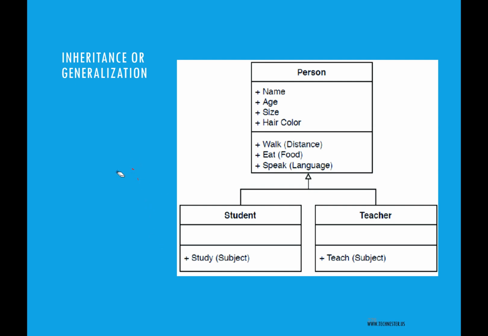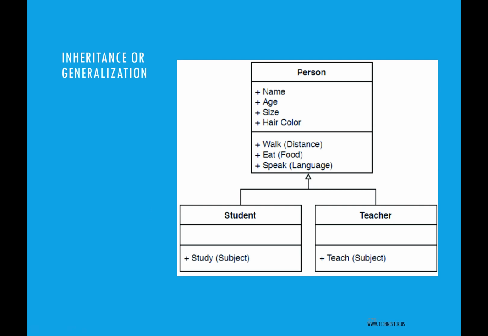This is the third type of relationship I explained when we were talking about UML. I said you have three types of association. You have the extend, you have the include, then you have the generalization.